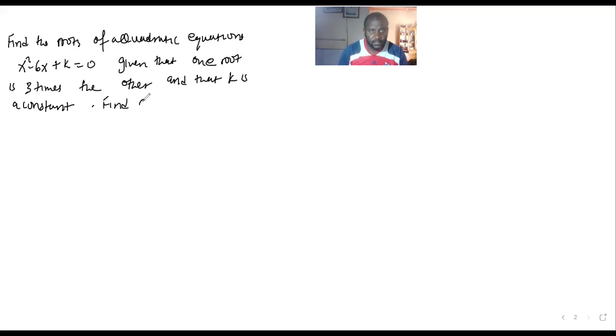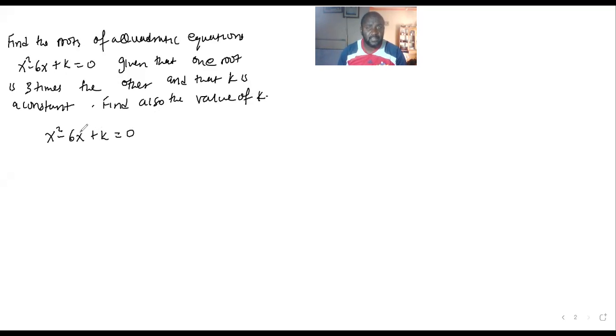Find also the value of k. So the equation is x squared minus 6x plus k is equal to 0.